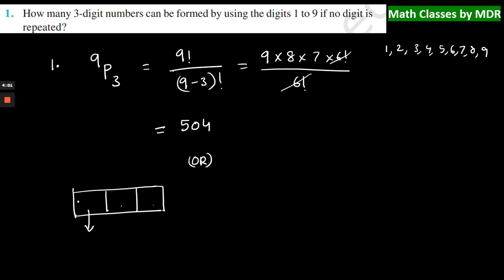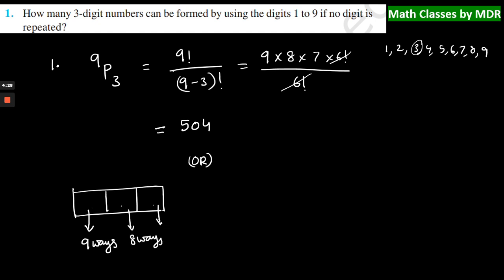How many ways can we fill this box? We can fill this in 9 ways. Suppose we have filled it with 3, then we will have only 8 digits available, so the next box can be filled in 8 ways.